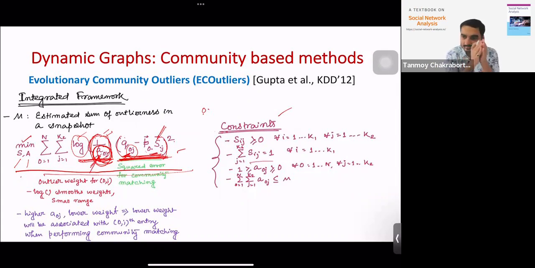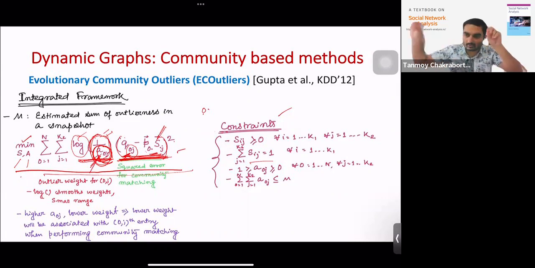So entry should be greater than or equal to 0. The sum of the entries in each row should be 1. Why? Because at x1 you take one community, right? This can be associated with other communities, but the total association should not be more than 1. You are basically trying to get a probability stochastic matrix.